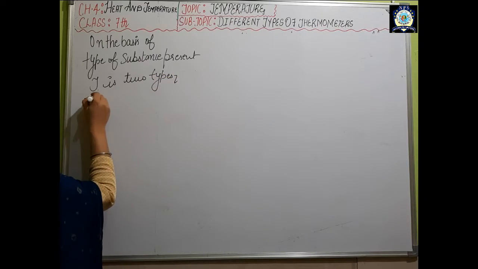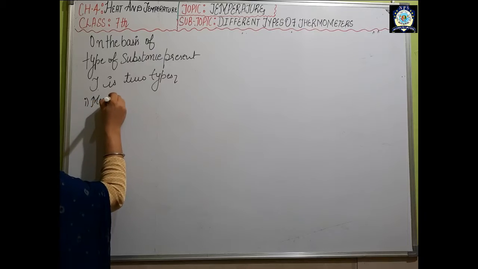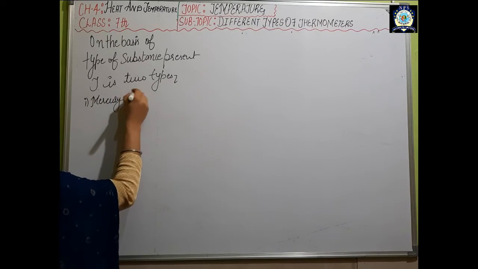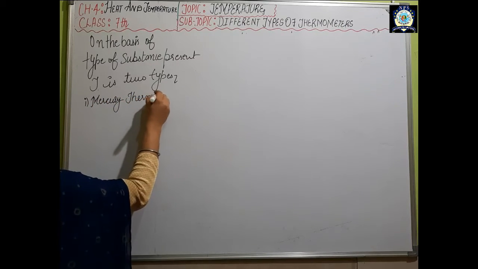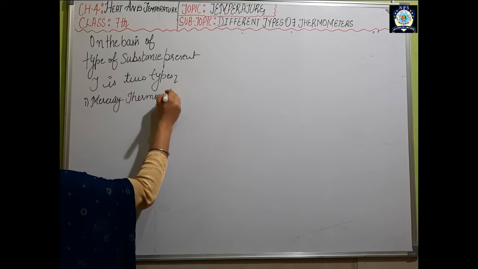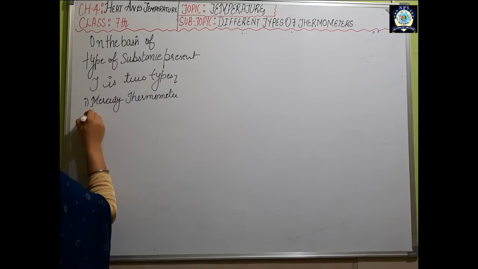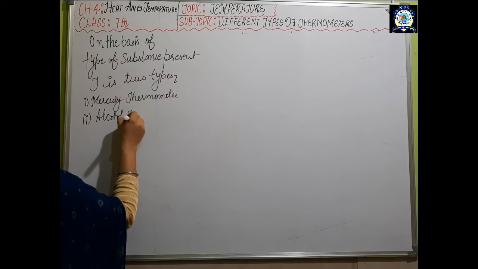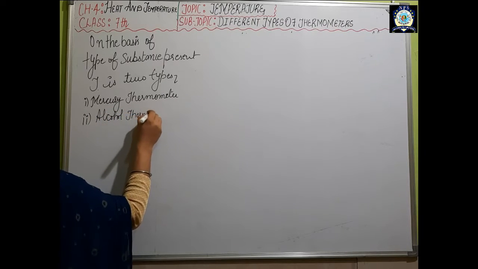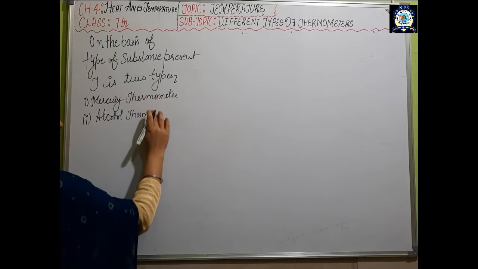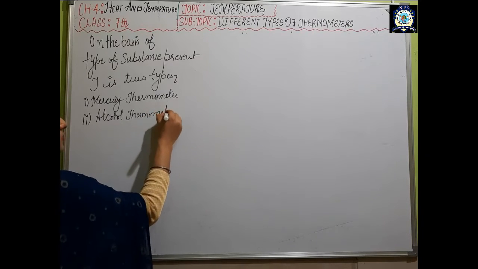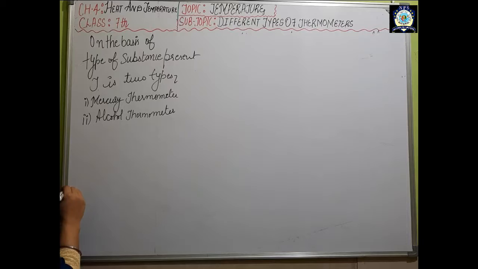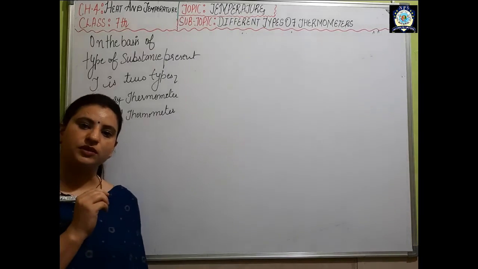First is the mercury thermometer, and second one is the alcohol thermometer. So first we will discuss the mercury thermometer.